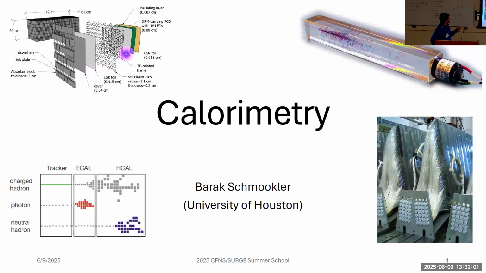Then you have this lead tungstate homogeneous calorimeter that's used at CMS. And then you have what's sometimes called a spaghetti calorimeter or a sci-fi calorimeter, where you run scintillating fibers into an absorber material and read out the light from those scintillating fibers. So we'll discuss why you would use these different types of calorimeters.